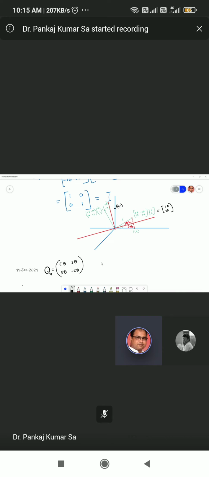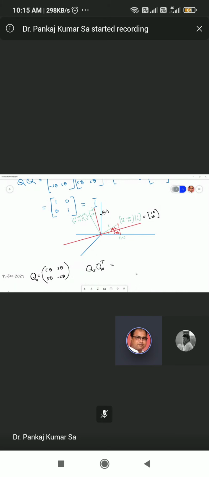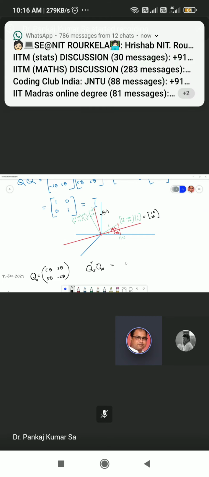So what about QR transpose? Let us try to figure it out the same way we figured out Q transpose Q equal to I. Whether you write Q transpose Q or Q Q transpose doesn't matter, we'll come to that later, but for the sake of symmetry, let me write it this way.